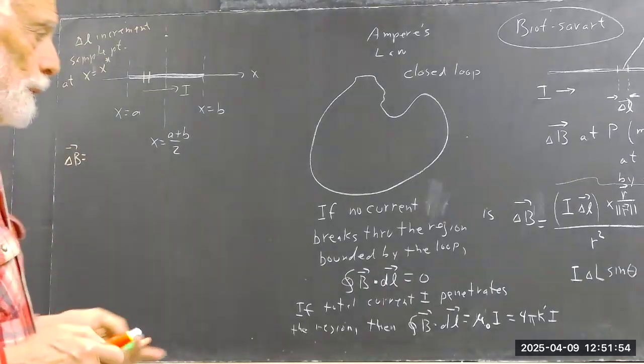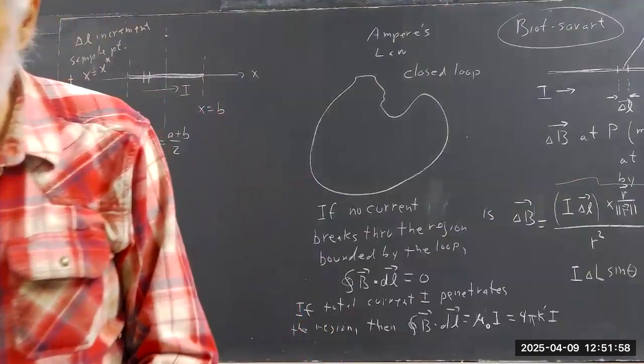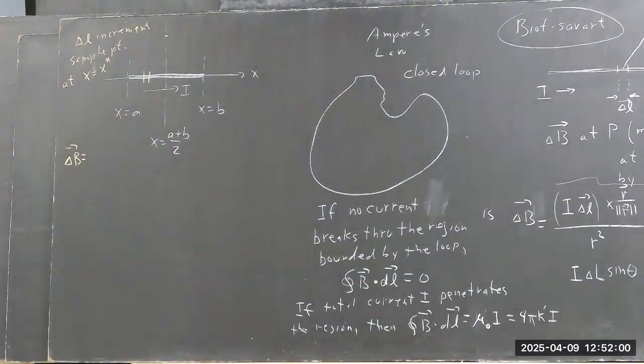So the only thing we need to get the expression for our delta B is the R vector. What are the components of the R vector?